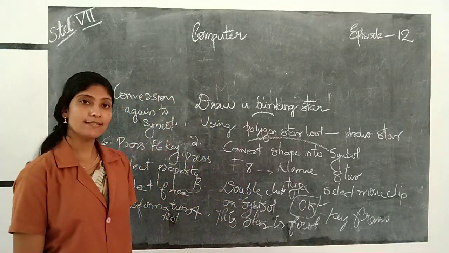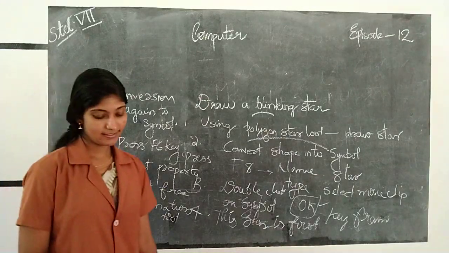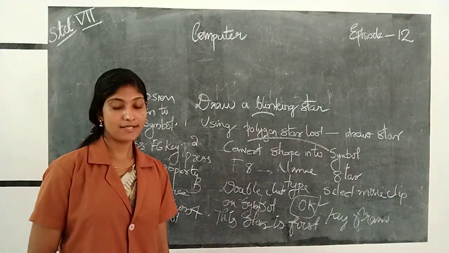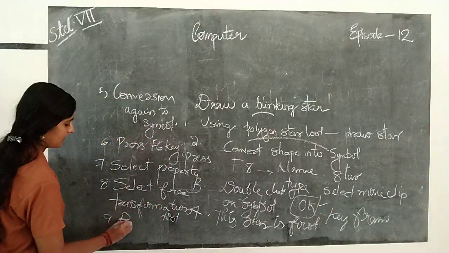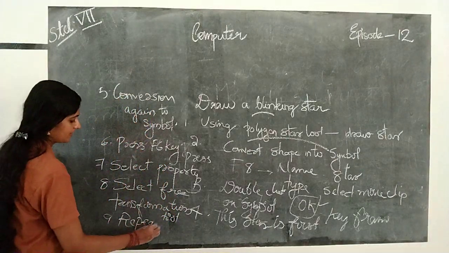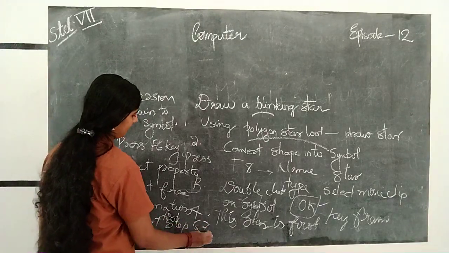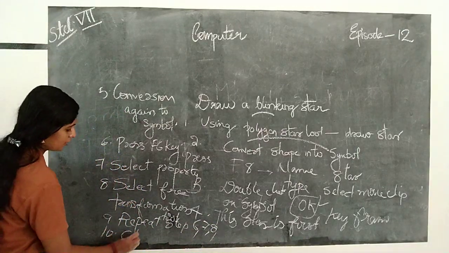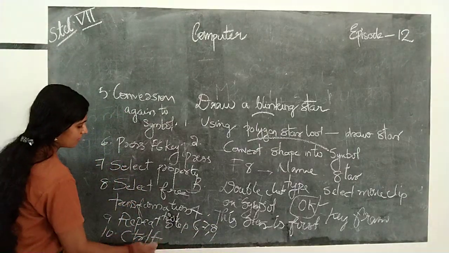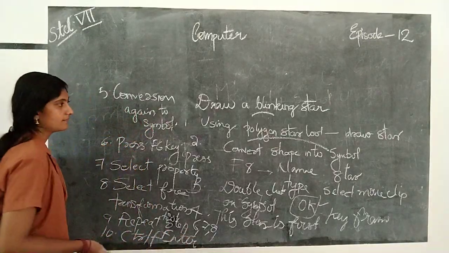Then if you want to test the movie, just press control plus enter. So that is the 10th step. Repeat steps 6, 7, 8. Then 10. To test the movie clip, control plus enter can be pressed.